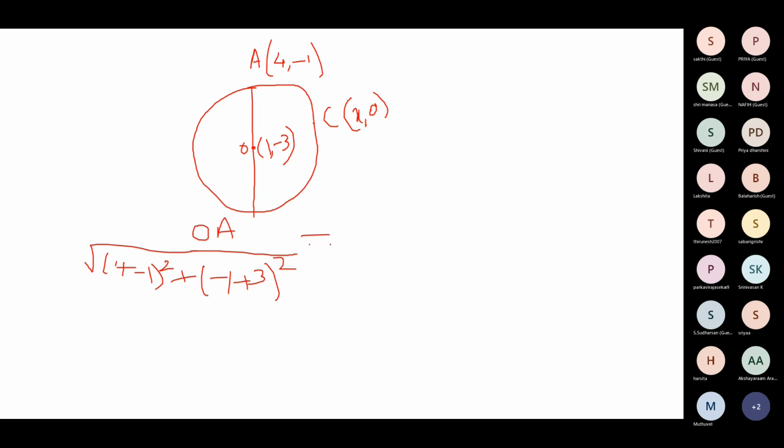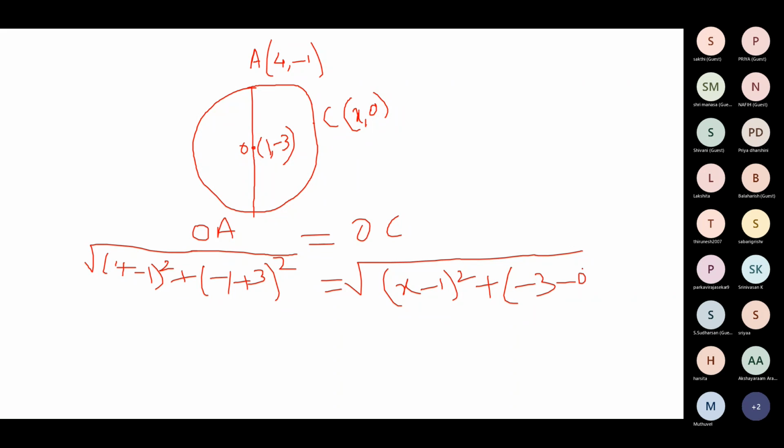It's equal to OA is equal to OC. So is equal to square root of OC: x minus 1 the whole square. Subtract the x coordinates plus subtract the y coordinates, minus 3 minus 0 the whole square. On working this, you will get a quadratic equation.